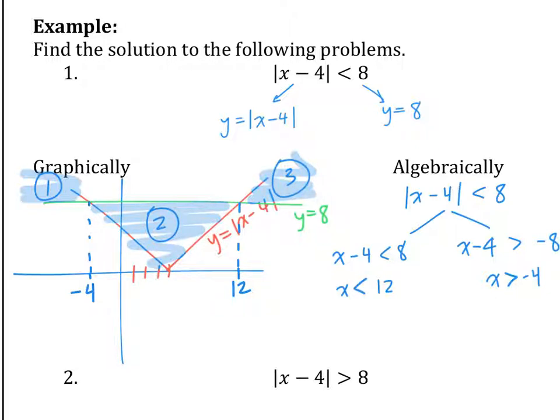That means it's the region between -4 and 12, which is exactly what we saw on the graph. Are you guys good? Yeah? Okay, so now the last question is, how do you write your answer instead of with inequality signs? How do you write this answer in interval notation?